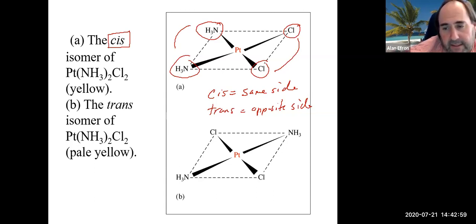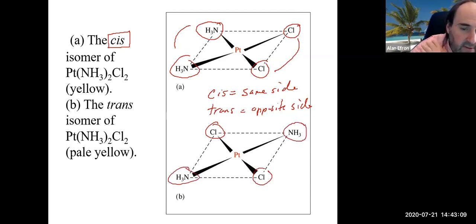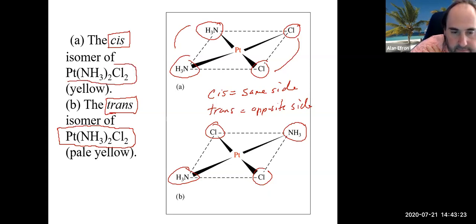Trans means opposite sides. So typically your groups are on opposite sides of the plane here. And again, you can see here, the Cls are opposite of each other, and our NH3s are opposite of each other. That would make this our trans. You can see they both have the exact same formula here, Pt(NH3)2Cl2.